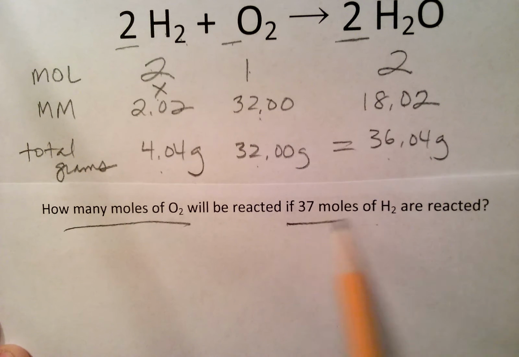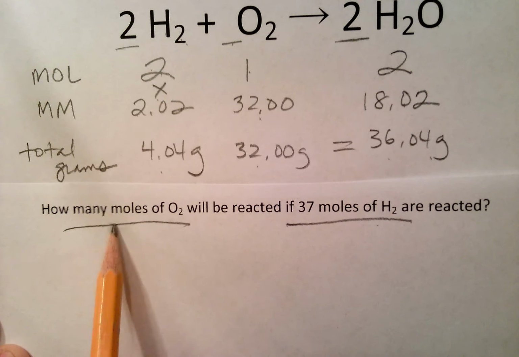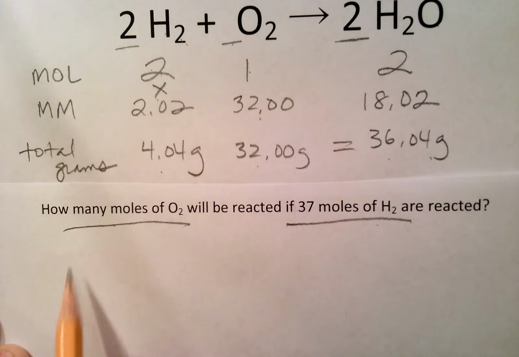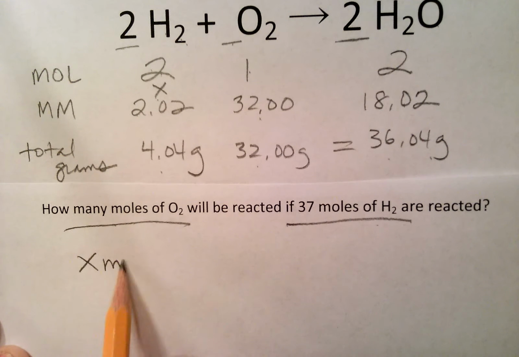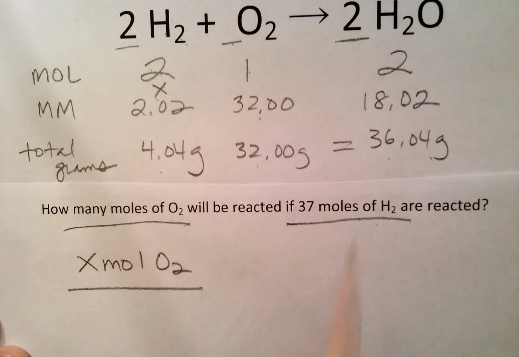The way we're going to set up our proportions is the moles of O2 that we're looking for is X moles of O2, and the moles of H2 that we have, we put in the denominator, 37 moles of H2.